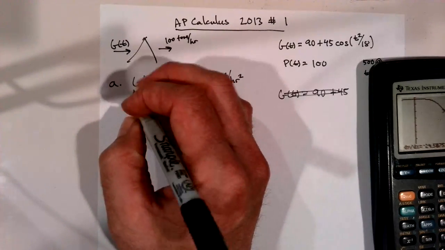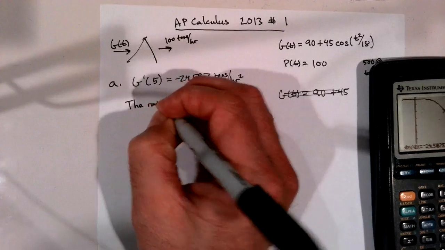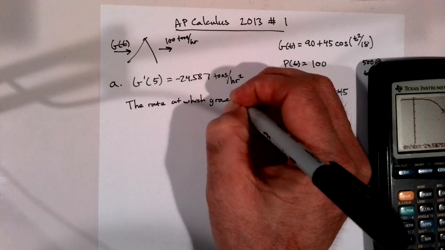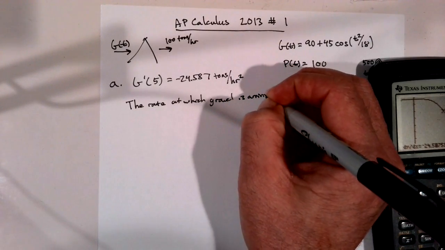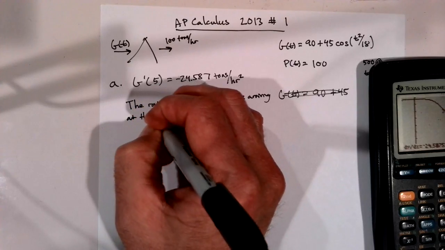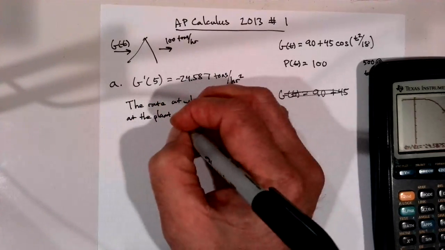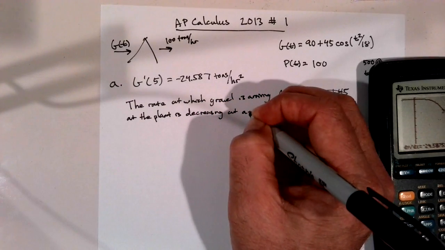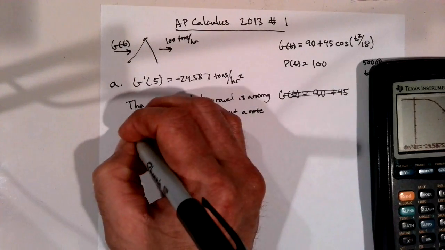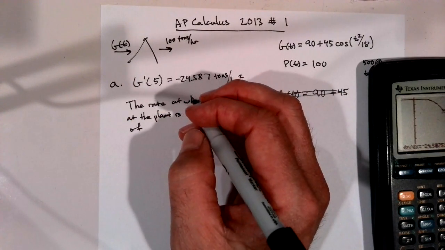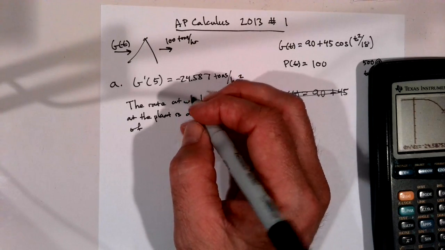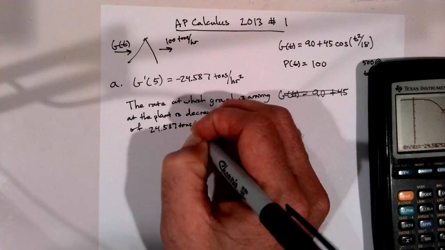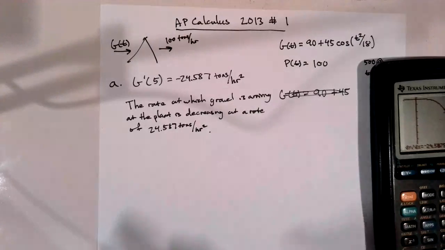So the rate at which gravel is arriving at the plant is decreasing at a rate of 24.587 tons per hour squared. Okay.